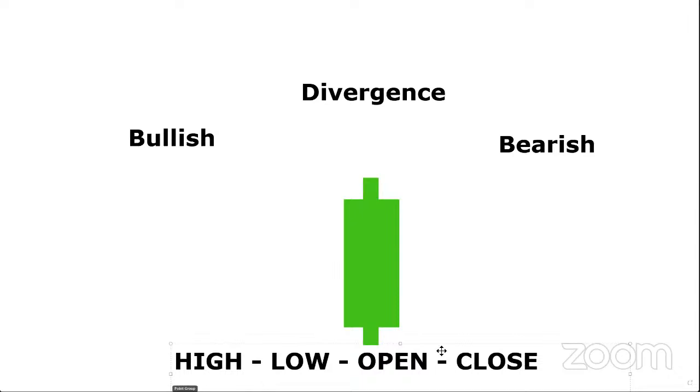High is the highest price during the session that you are following. Low could be the lowest price. Open, the opening of the session. Close, the closing of the session. Could be 1 minute, 5 minutes, 30 minutes, 1 day, 1 week, or 1 month. It depends on the chart that you're following.